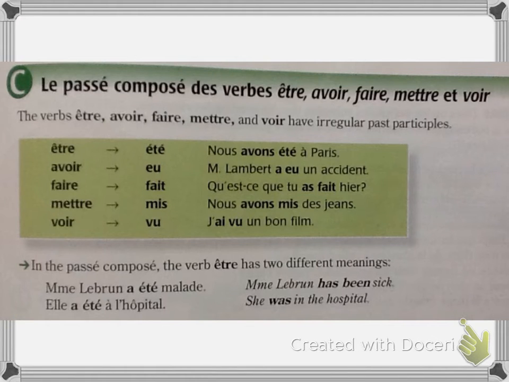Le passé composé des verbes être, avoir, faire, mettre, et voir. The verbs être, avoir, faire, mettre, and voir have irregular past participles. S'il vous plaît, répétez. Être, été. Nous avons été à Paris. Avoir, eu.